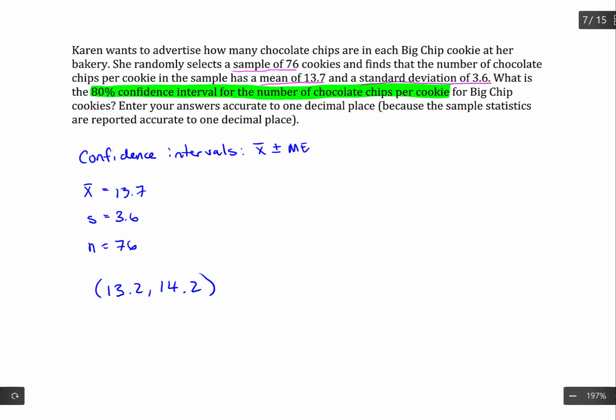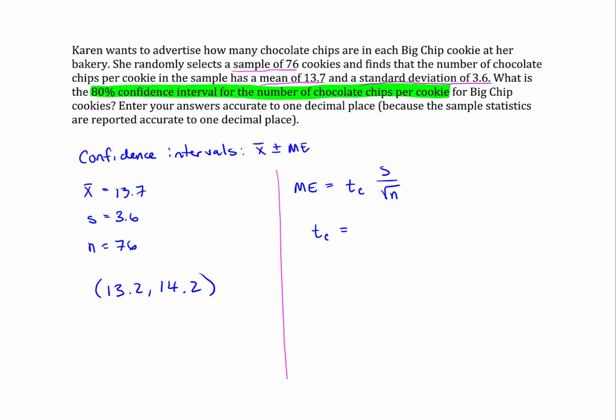Now, if you're using formulas, follow along. Otherwise, you can go ahead and move on to the next problem. So to use formulas, we need to calculate the margin of error. And the margin of error has a formula which is t sub c times s divided by the square root of n. And t sub c is a critical value based off of a t distribution.